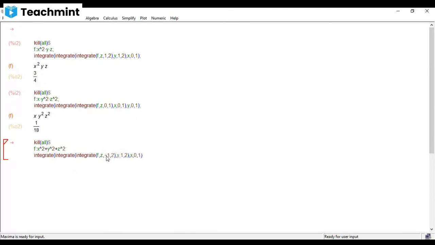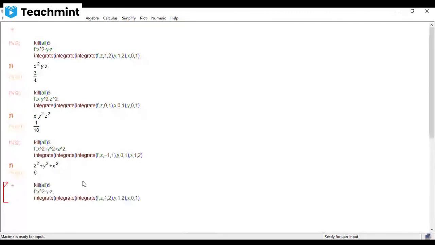Next we have to integrate that answer with respect to y, and y varies from 0 to 1. And at last we have to integrate with respect to x, and x varies from 1 to 2. What was the answer that we got for this? For this we got 6, isn't it? Okay, let us see. Yes, we got the same answer.